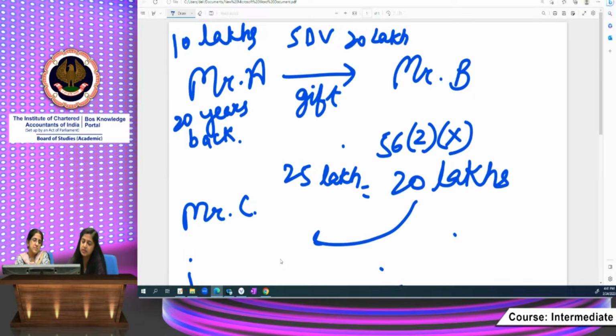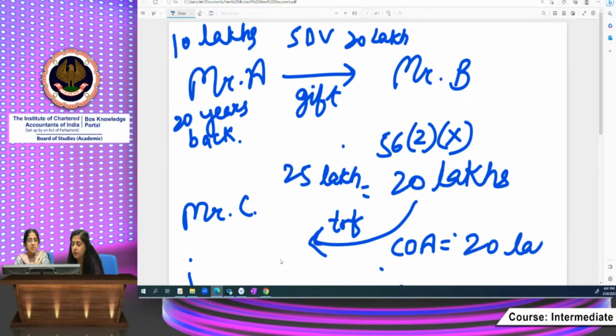In that case, if Mr. B transferred the property to Mr. C, the cost of acquisition in the hands of B would be 20 lakh, not 10 lakh, which is the cost of the previous owner. Why? Because 20 lakh is already chargeable to tax in the hands of Mr. B under section 56(2)(x).